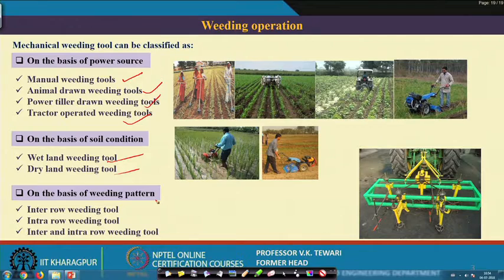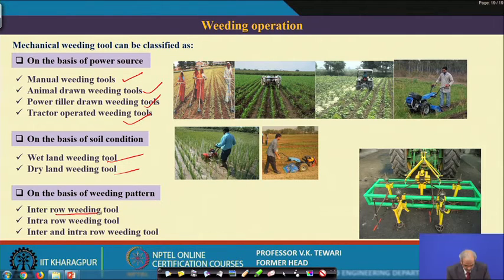But then, as I told you, there are methods by which we can do inter-row weeding as well as intra-row weeding, and inter-row and intra-row weeding tools. This is the one which we have developed, which I will show you in a different lecture altogether.